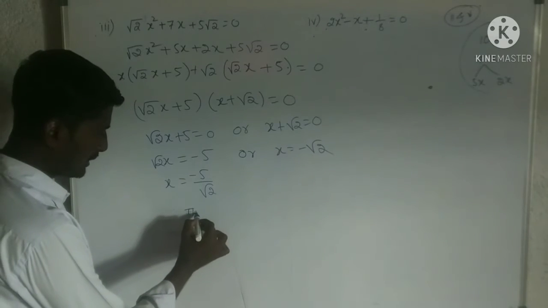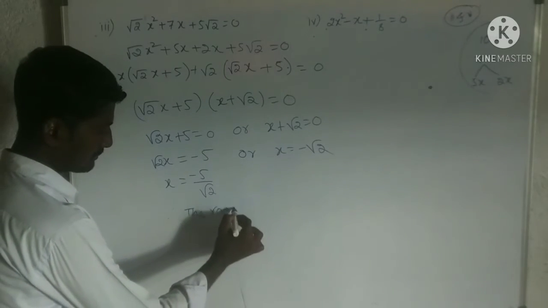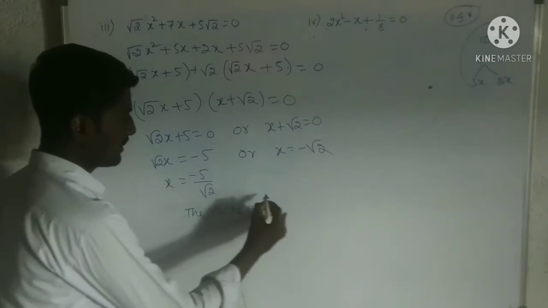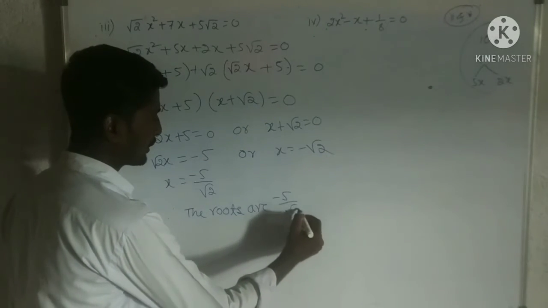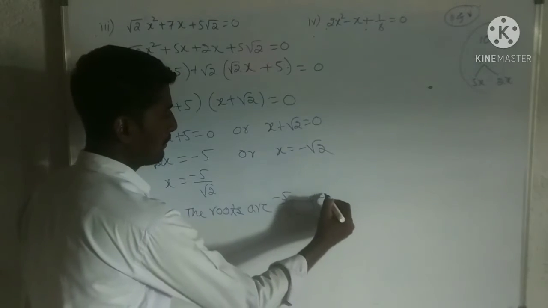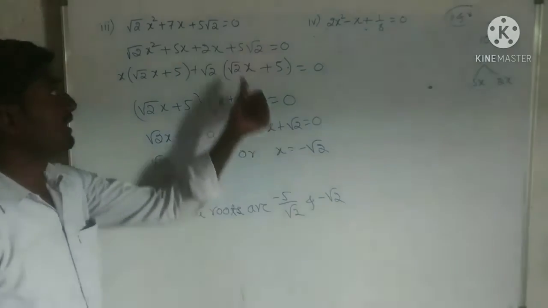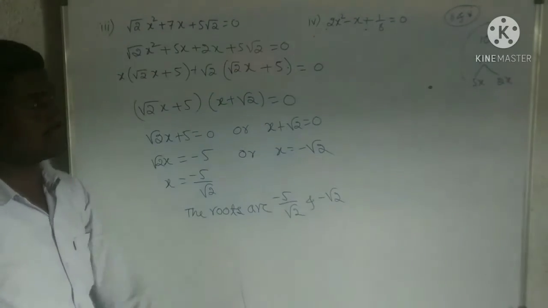Therefore, the roots are minus 5 divided by root 2 and minus root 2. These are the two roots of the given quadratic equation.